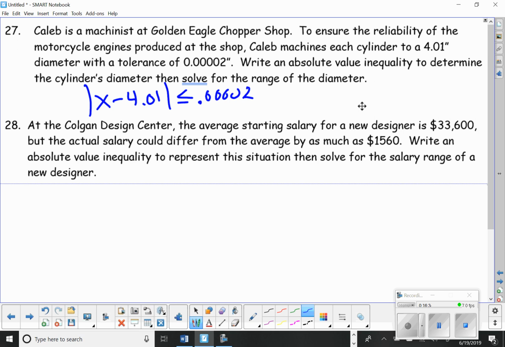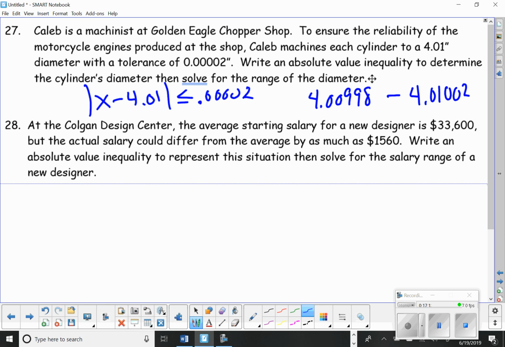So when you do that, you're going to get some crazy numbers. 4.01 plus 0.00002, that one's pretty easy. The upper limit is 4.01002, and the lower limit is going to be 4.00998.